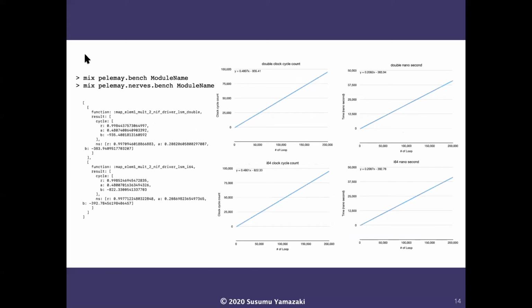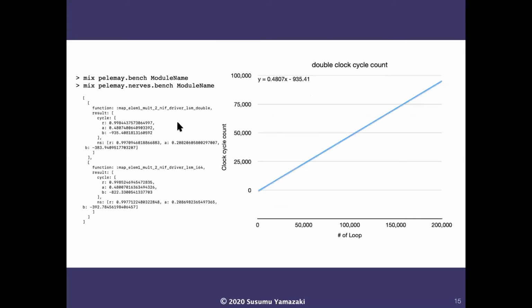This result shows this graph, linear graph. This is double, and cycle, double clock cycle count.